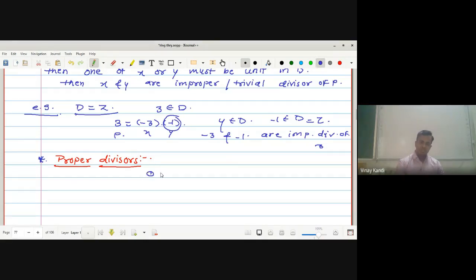Now, 0 not equal to B belongs to D. What is the meaning of this?